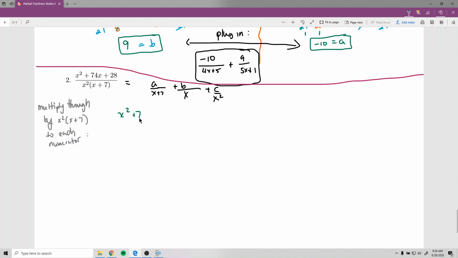So we get x squared plus 74x plus 28 equals, when we multiply the x squared times x plus 7 to the first fraction, the x plus 7's cancel, and we get an a times x squared. When we multiply it to this second fraction, one of the x's goes away, but we still have another one of the x's. So we get b times x times x plus 7. And when you multiply the x squared times x plus 7 to the c over x squared, the x squareds perfectly cancel, and you have just c times x plus 7.